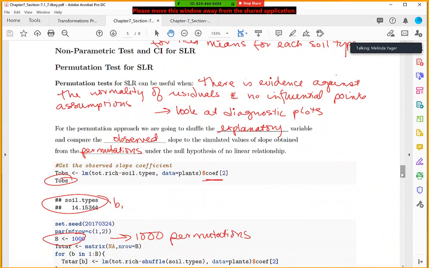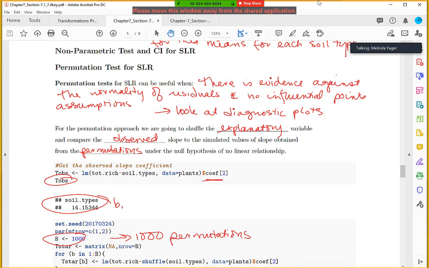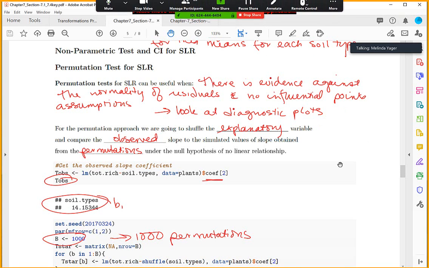We then talked a little bit about permutation tests. So non-parametric tests, anytime we have evidence against normality and no influential points, we always want to think about using a permutation test or a non-parametric test for our simple linear regression.